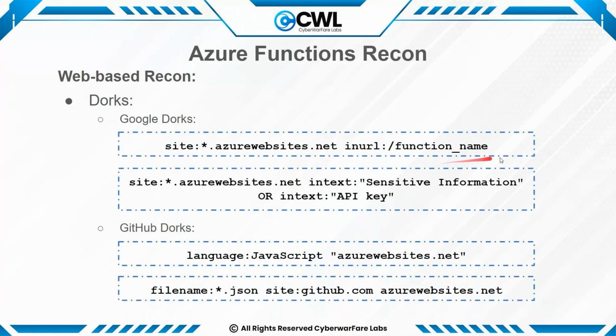The second Google dork is used to search for web pages hosted on the Azure App Service platform that contain phrases like sensitive information or API key within that text content. This type of search is often used to expose some sensitive data and misconfiguration in web applications. Same, we can also search through GitHub dorks.